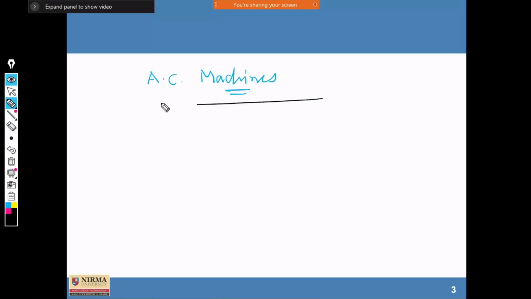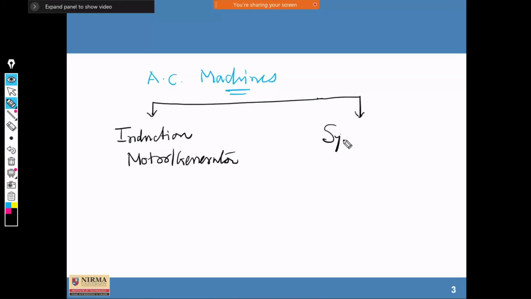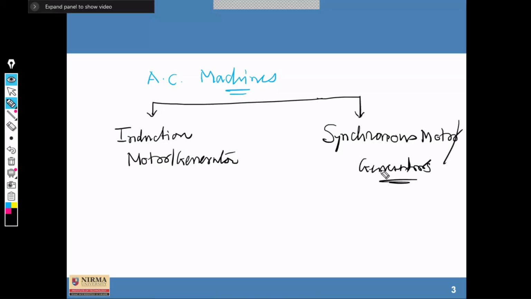One is induction machines, or induction motor or generator, and the second one is the synchronous motor, or synchronous generator. The AC generators which are used everywhere in the powerhouse, where we know electricity is generated, are all synchronous generators. It is also abbreviated as alternator.